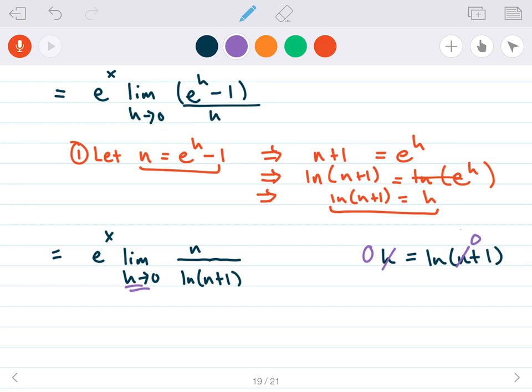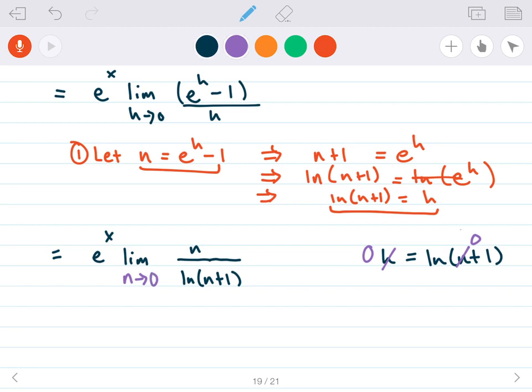So we can substitute h going to 0 with n going to 0 here. They mean the same thing because of this relationship. So there we go. Now we have the right variables, which is good.